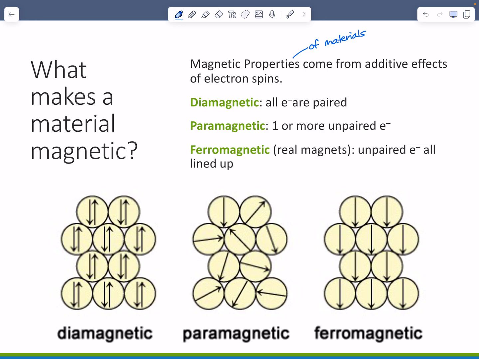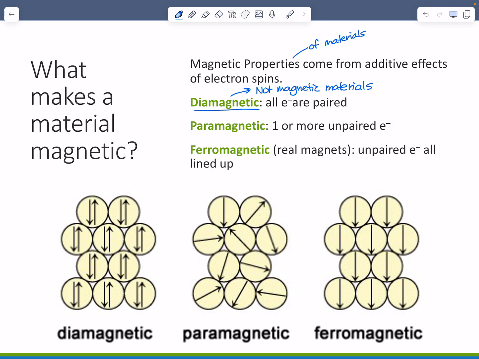So, things that are what we call diamagnetic are things that you would not consider magnets, so not magnetic materials. Things like the wood that this podium is made out of. I can put a magnet on it and it will slide right off.